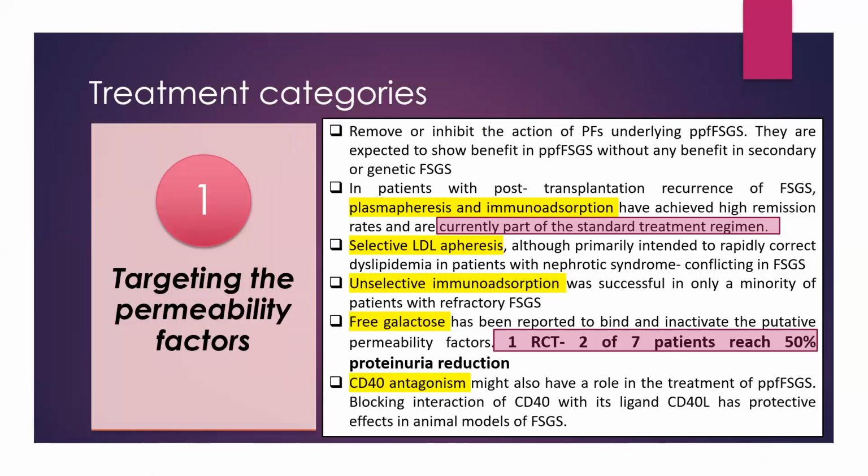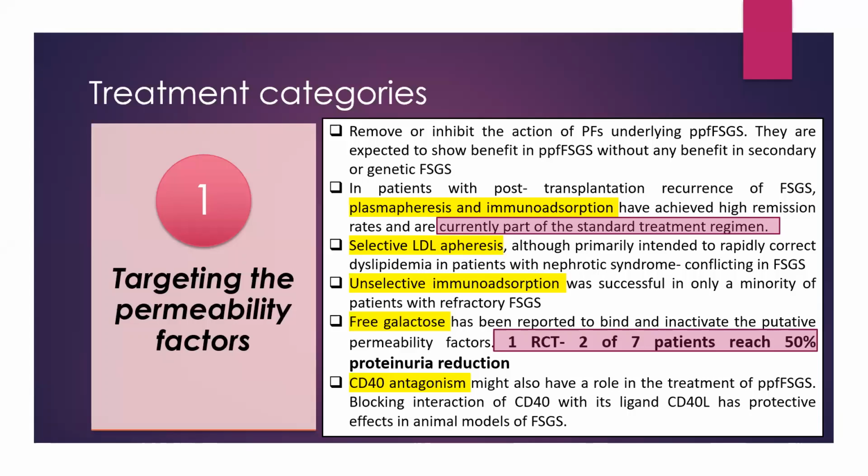Targeting the permeability factors, we are using to remove or inhibit the action of permeability factors underlying the primary pathology. We don't have strong evidence except for the plasmapheresis in the management of post-transplant recurrence of FSGS. We have the selective LDL apheresis, the unselective immune adsorption, the free galactose.